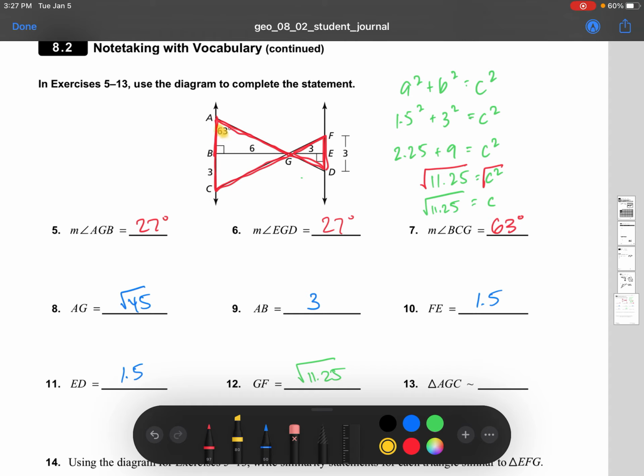A is 63, and F, I believe, was 63. These are vertical angles, so we know they're going to be congruent, and then those are another pair of congruent angles. So the name of the smaller triangle: A is yellow, so F is yellow. G is red, and G is red. C is green, and D is green. So it would be FGD.